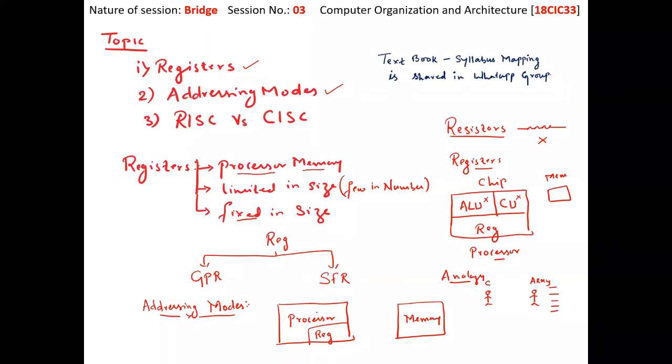It needs to manipulate the data to produce the desired result. Now, how does the processor read the data from the memory? First, the processor needs to generate the address where the data is located. And once it identifies the data in the memory, the data will be retrieved from the memory and read by the processor.